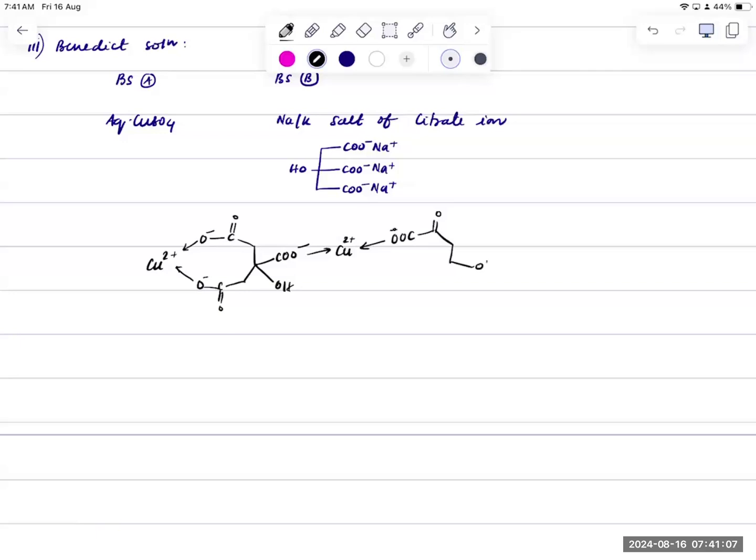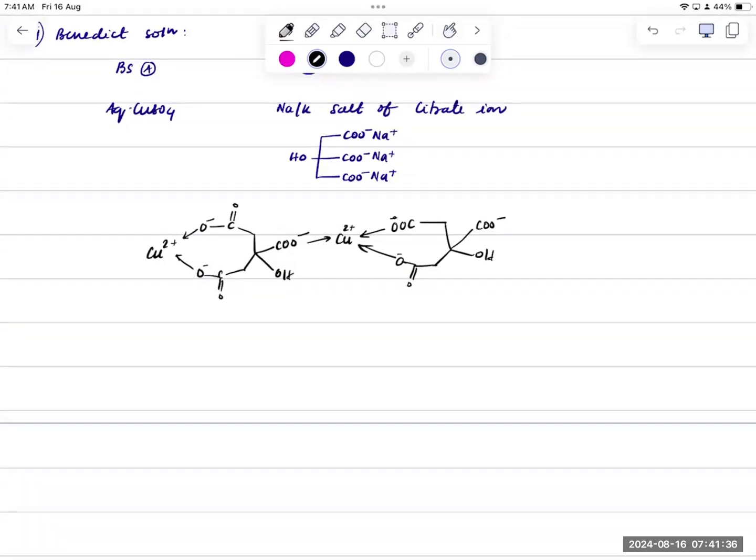So basically what we are trying to observe here is this will have both CO minus here, and from both the ends here we'll have double bond O. Sorry, there is no double bond over here, direct connection. O minus and like this. 1 and 2 and CO minus will connect. This CO minus will connect.